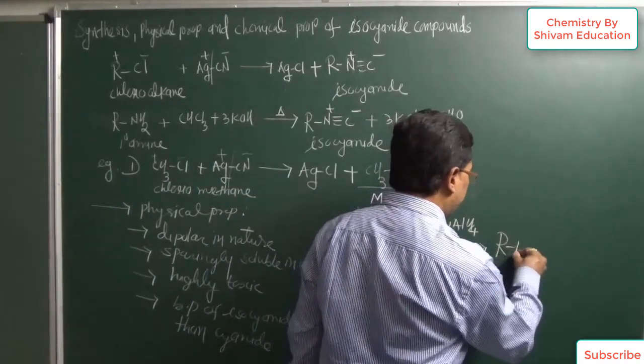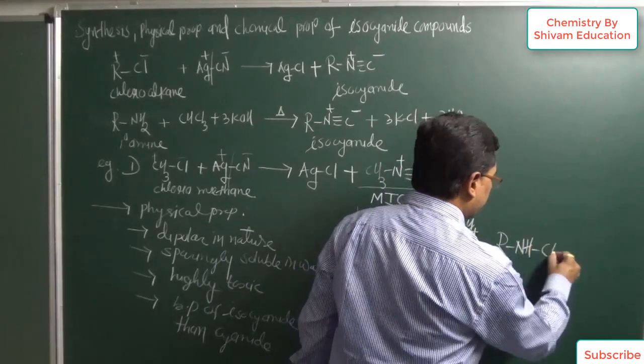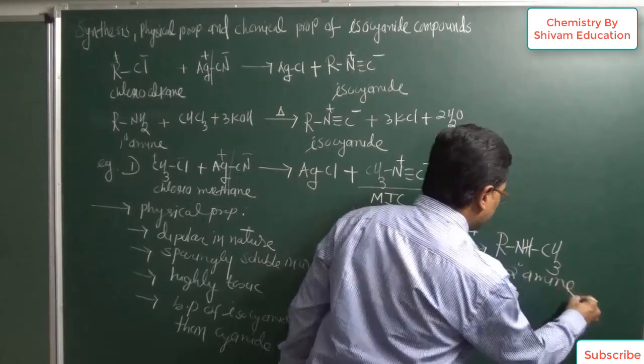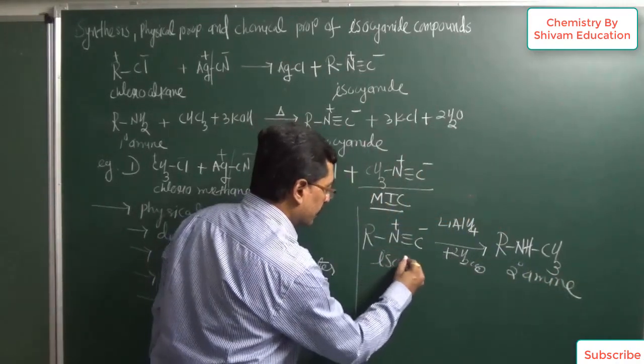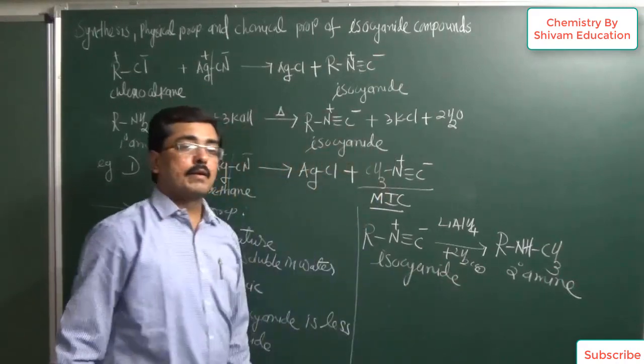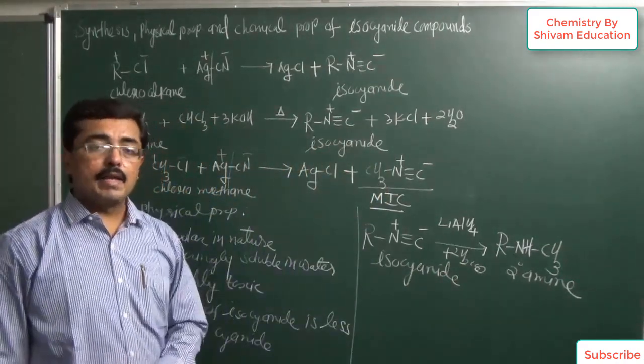So reduction of isocyanide compound give us secondary amine. We can write this thing, reduction of isocyanide compound when we have it done by using lithium aluminium hydride, we are getting a secondary amine.